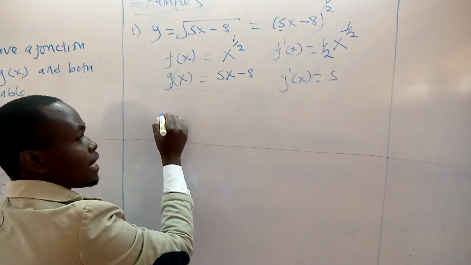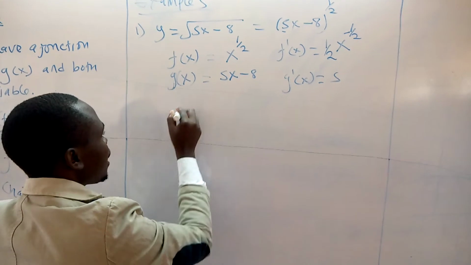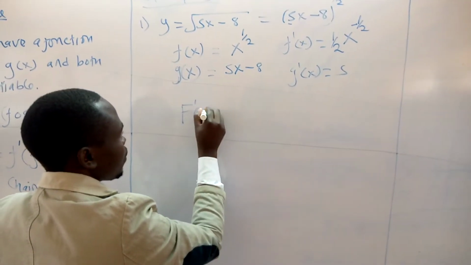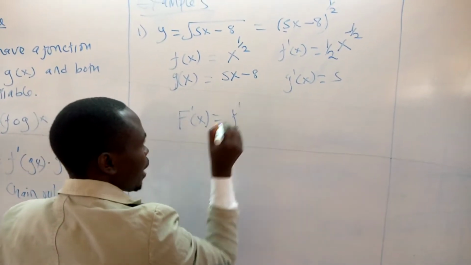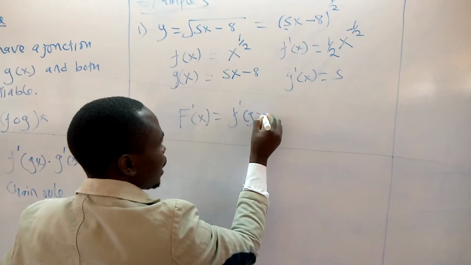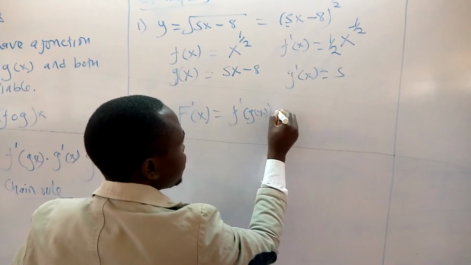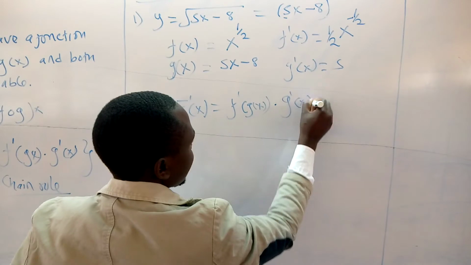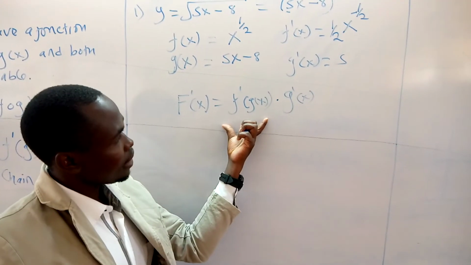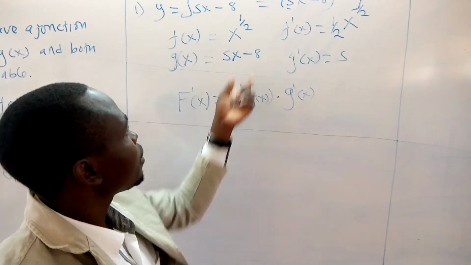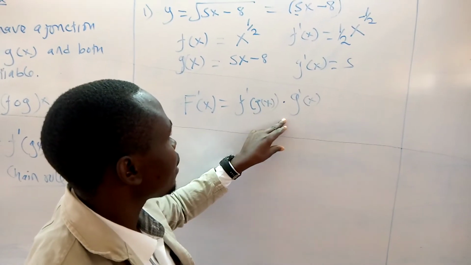Then remember the chain rule formula: f prime of g of x multiplied by g prime of x. We substitute into this formula.